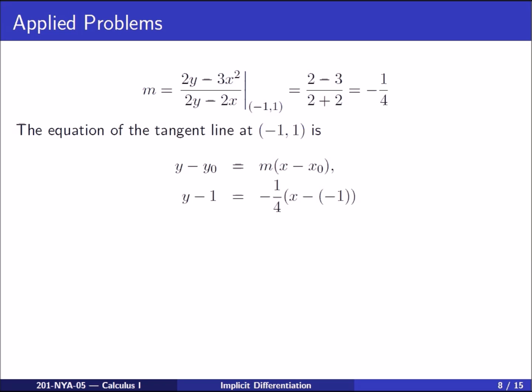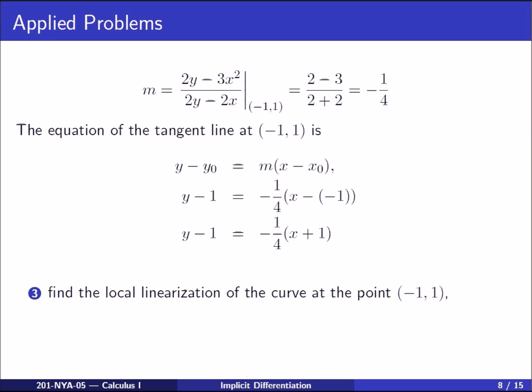As you can see in the bracket, I am getting x minus minus 1, so that becomes x plus 1. We can leave our equation like that for the equation of the tangent line. So we're done here. If you prefer, you can solve for y if you're not comfortable giving an answer where y is not alone on one side of the equality sign.